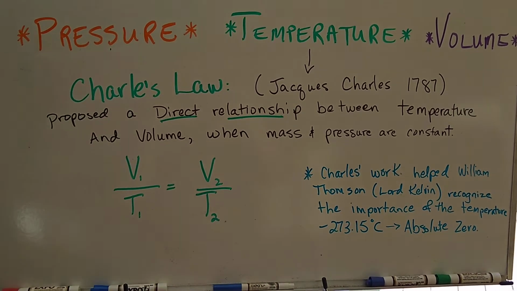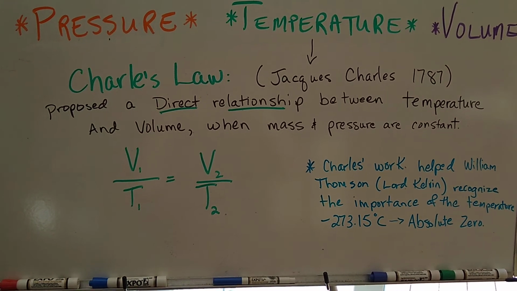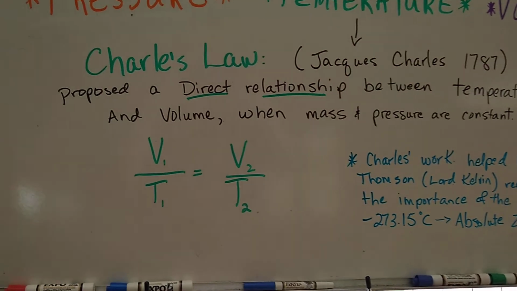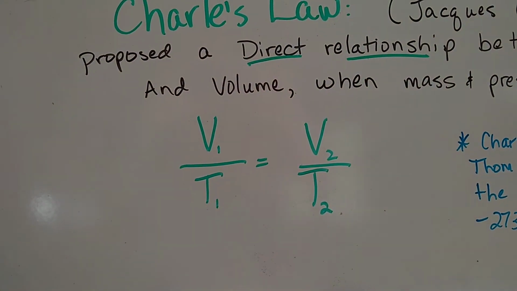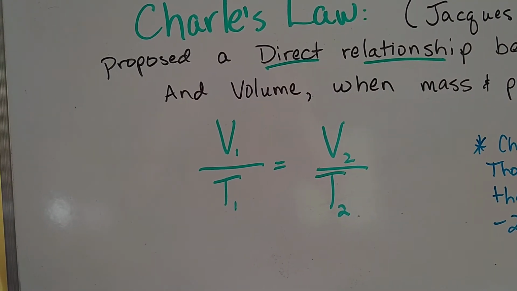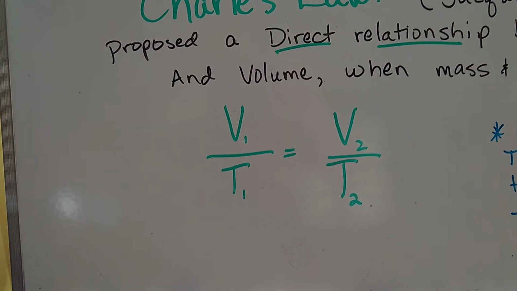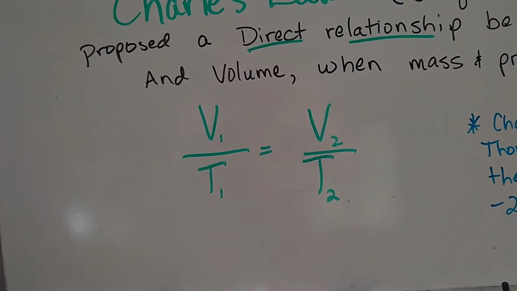A direct relationship, remember, means that when one goes up, the other goes up, and when one goes down, the other goes down. That law is expressed as V1 divided by T1 equals V2 divided by T2. So the initial volume divided by the initial temperature will equal the final volume divided by the final temperature.